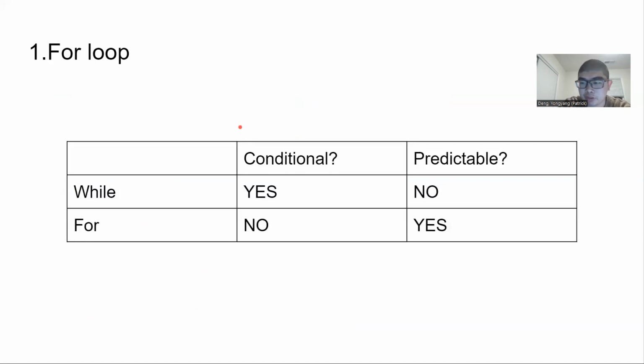Now we have a comparison of the for loop and the while loop. They are basically kind of opposite operations. They have different characteristics, although they are both iteration. The while loop is a conditional loop.